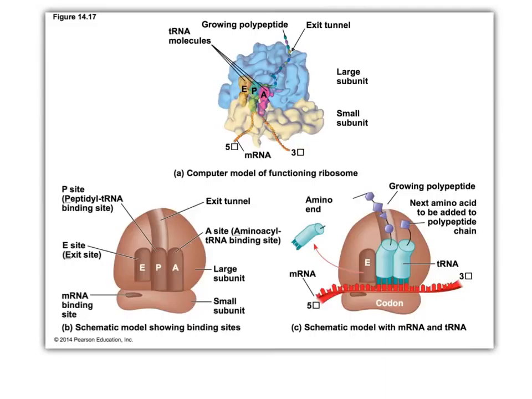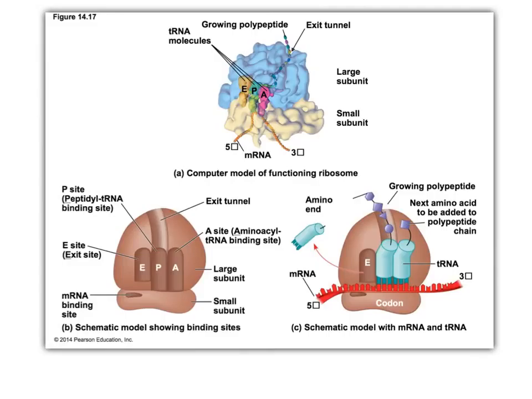Within the ribosomal complex, there are three sites: the E, the P, and the A site. E site is for exit, P is for peptide, A is for acceptor.